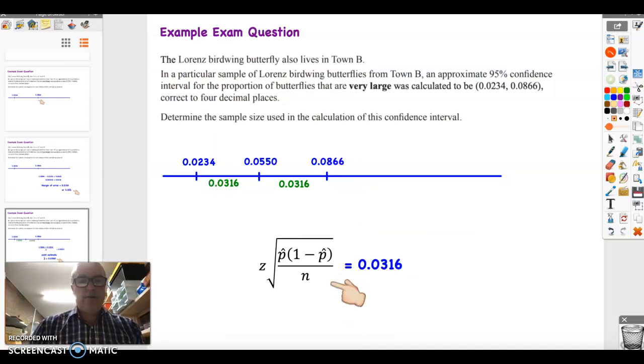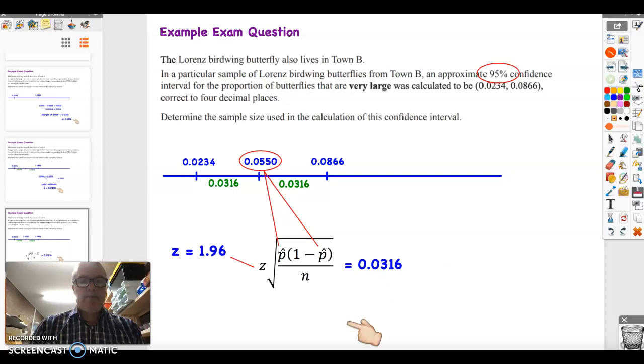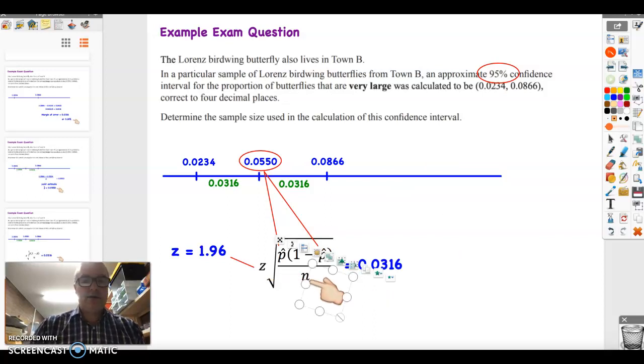Our margin of error, which we have a formula for, is 0.0316. We already know the point estimate, so we've got a formula for that margin of error, and we know the point estimate. We've chosen a 95% confidence interval, and so we also know that our value of z is 1.96. And so now we can solve for n, which is the size of our sample.